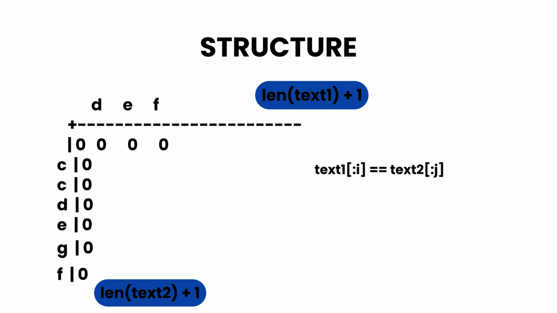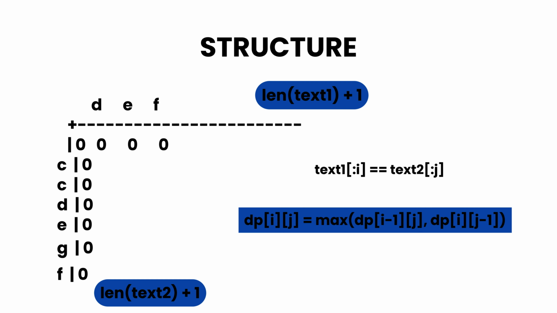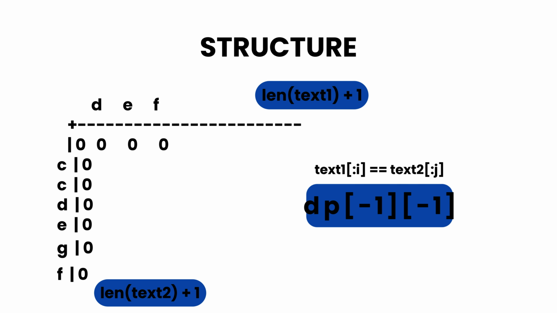For each index i in text1 and j in text2: if text1[i-1] is equal to text2[j-1], then set dp[i][j] to dp[i-1][j-1] plus 1. Else, set dp[i][j] to max(dp[i-1][j], dp[i][j-1]). The answer is in dp[-1][-1].